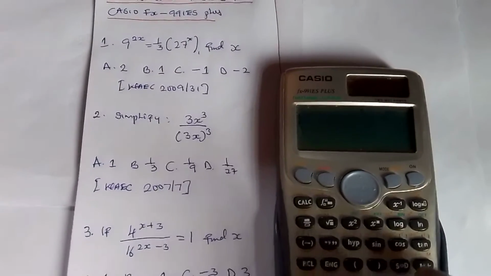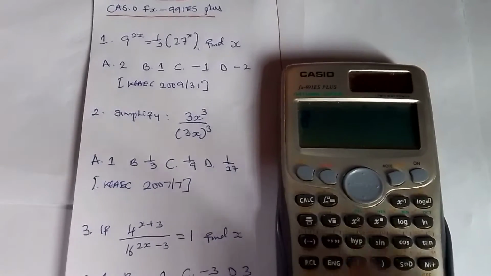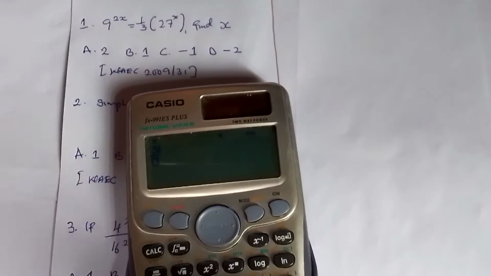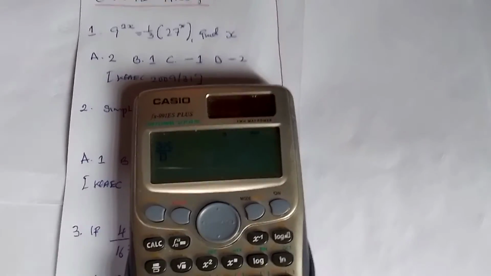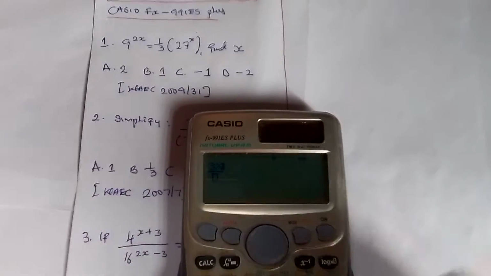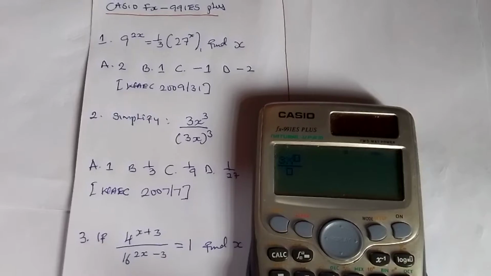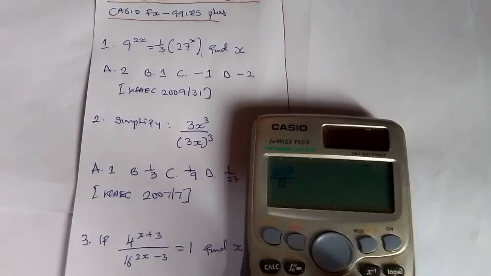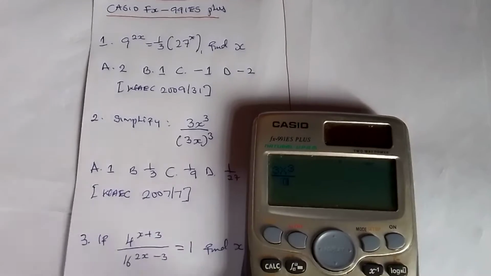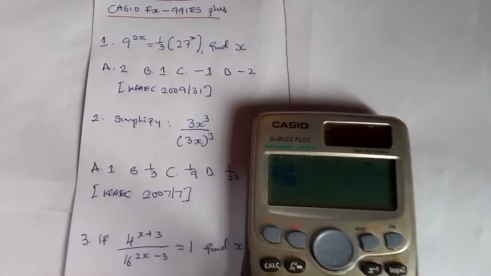It's in fraction form. It says 3x raised to the power of 3. So I press 3, press alpha, and then x. Am I correct? Yeah, 3x raised to the power of 3. Then I bring up the exponential, put 3, and bring down my cursor to open a bracket and press 3, just as I have in that question, then alpha x.